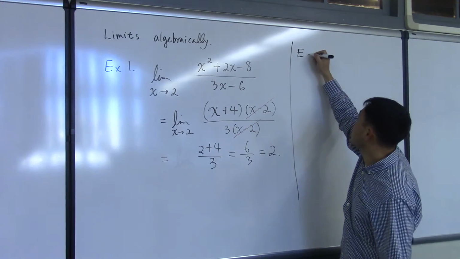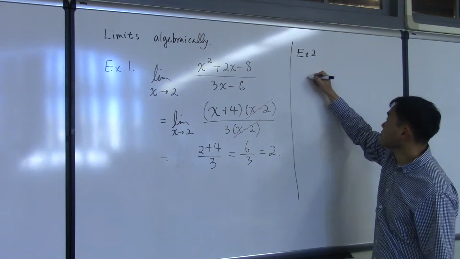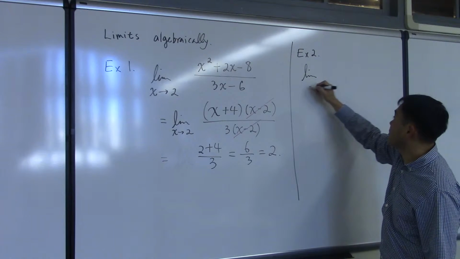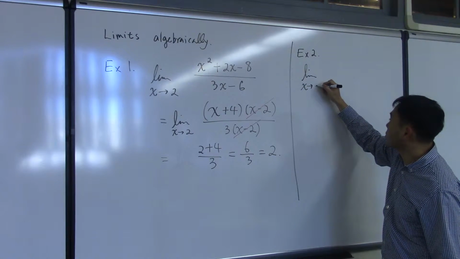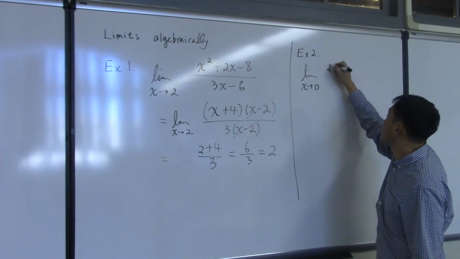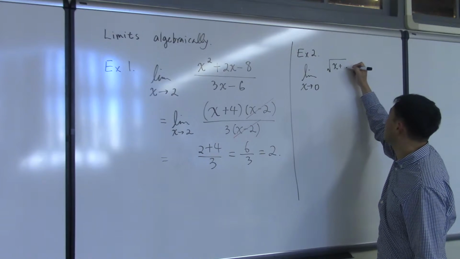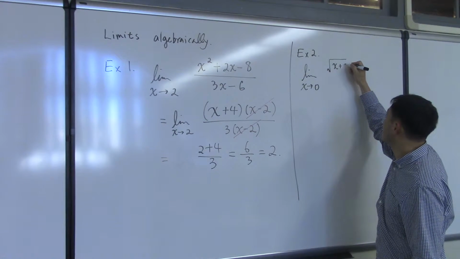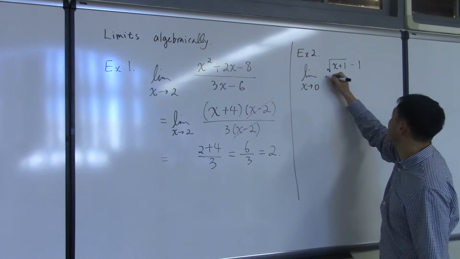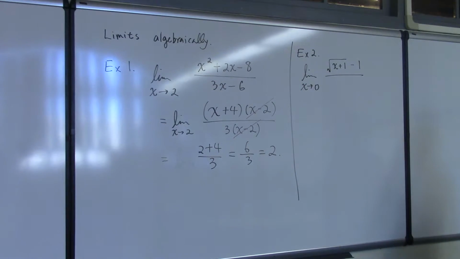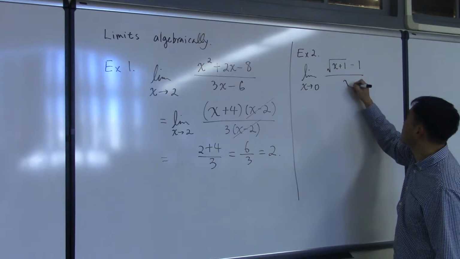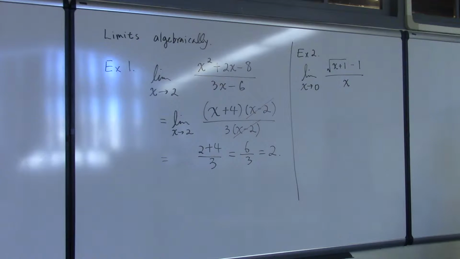Let me show you a harder example, example 2. What if I had x going to 0 of... let's see, this is what.